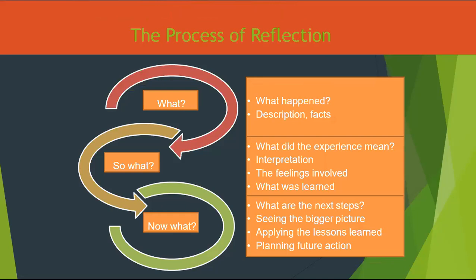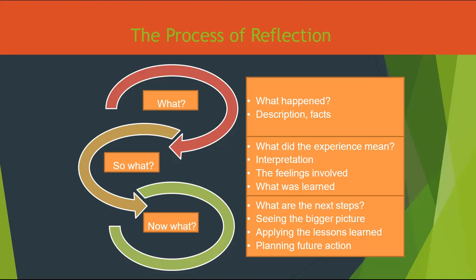Then the process of reflection is: what, so what, now what. What happened: descriptions, facts. What did the experience mean: interpretations, the feelings involved, what was learned. What are the next steps: seeing the bigger picture, applying the lessons learned, planning future actions.